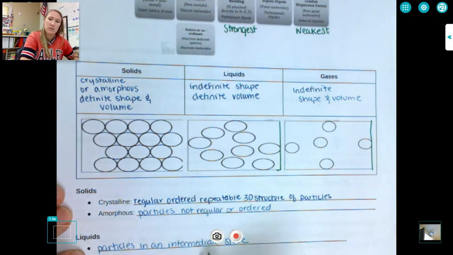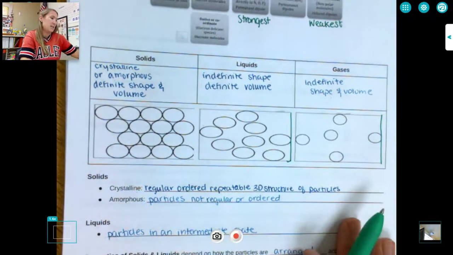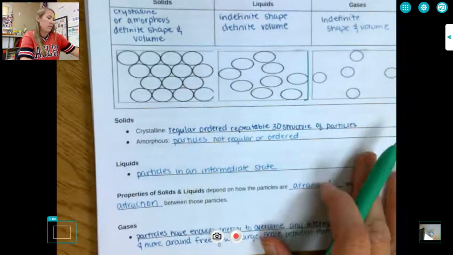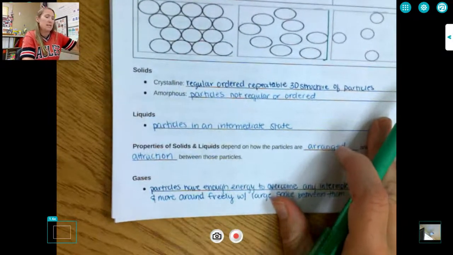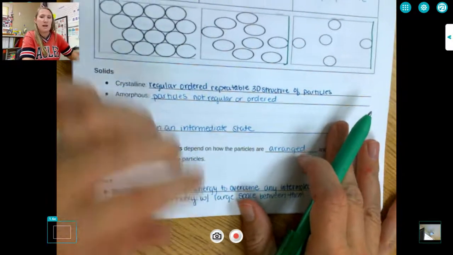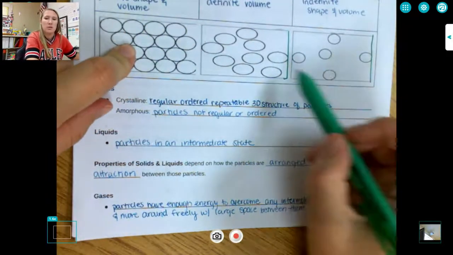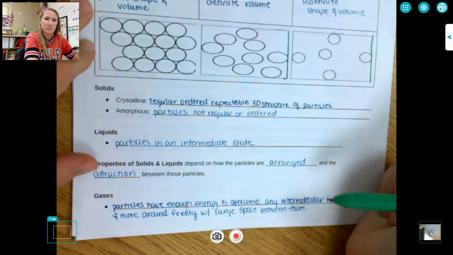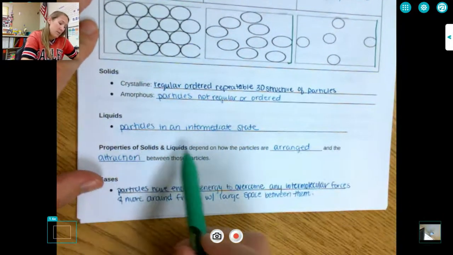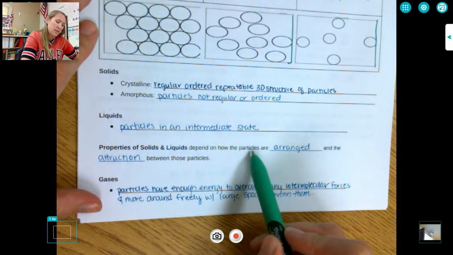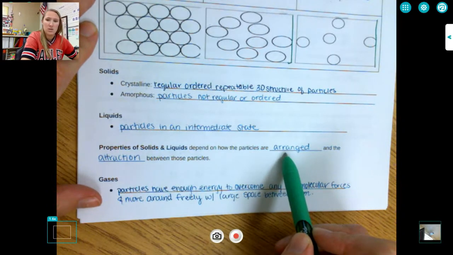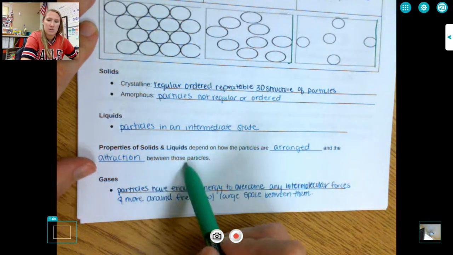Liquids, we say those particles are in an intermediate state. Okay, an intermediate state. And that means that they're not stuck in one place. They're not zooming around. They kind of just slip and slide past each other. Some properties of solids and liquids are always going to depend on how the particles are arranged and the attraction between the particles.